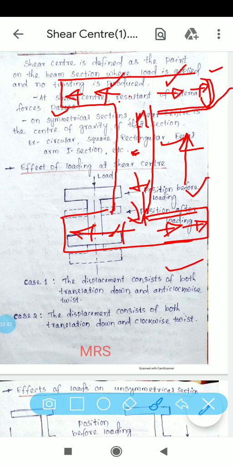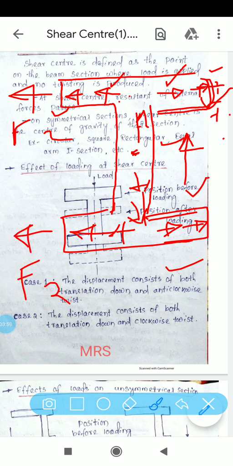So you take this one as your F2 force on this side, this one as F1. F1 and F2 are the resultant forces. Similarly here F2, here F1. These are the shear stresses acting on the bottom flange and top flange.